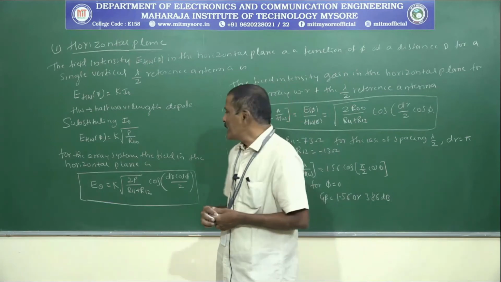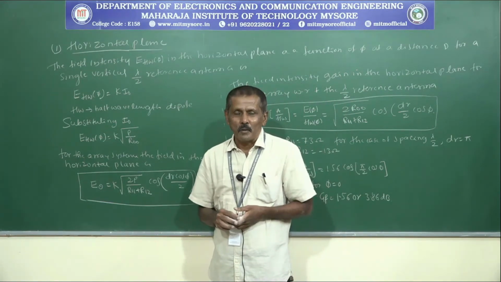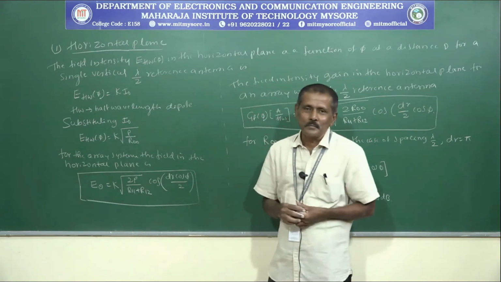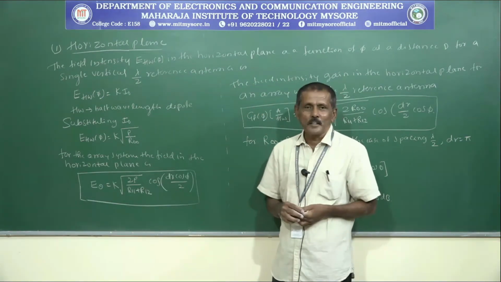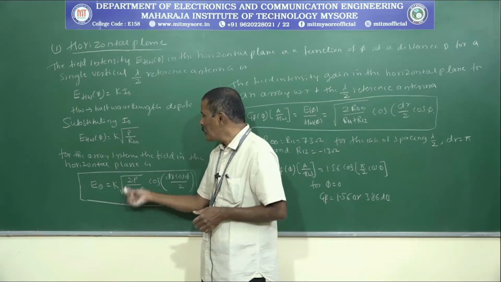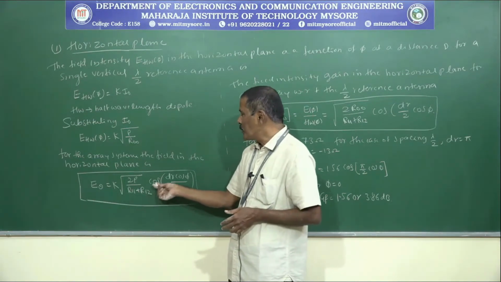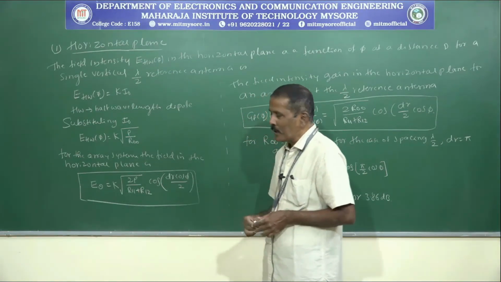And for the array system, the field in the horizontal plane is calculated from the equation E of phi equal to k into root of P divided by (R11 plus R12) into cos of (dr cos phi divided by 2).